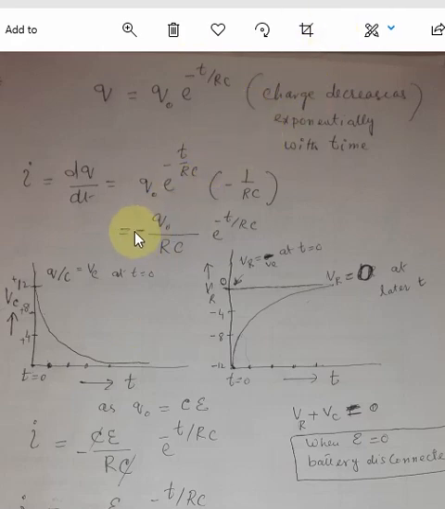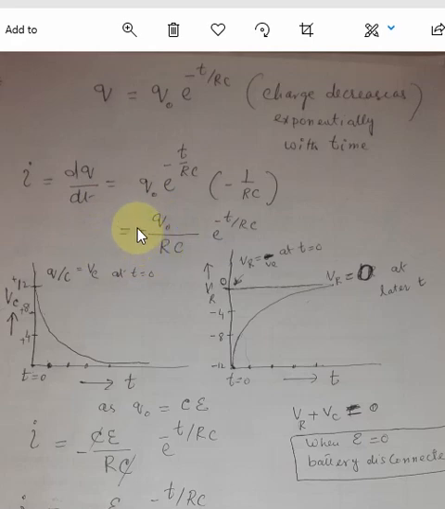Here this negative sign in the equation of the current shows that the current is flowing in the opposite direction, which I told you, that in discharging a capacitor the current through the resistor R is in a direction opposite to the direction during the charging process.